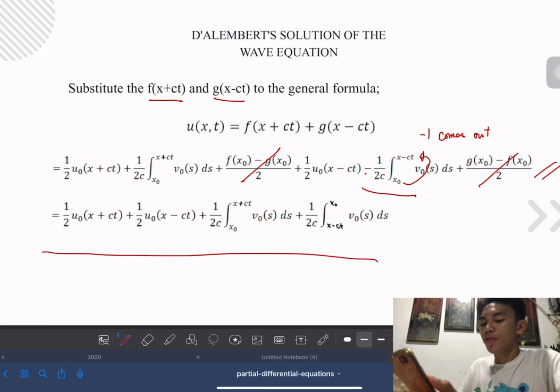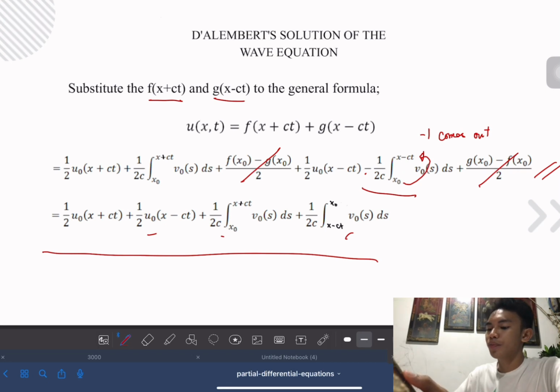So the remaining function will be 1 half u sub 0 of x plus ct plus 1 half u sub 0 of x minus ct plus 1 over 2c times the integral of v sub 0 s ds evaluated from x sub 0 to x plus ct plus 1 over 2c times the integral of v sub 0 s ds evaluated from x minus ct to x sub 0.